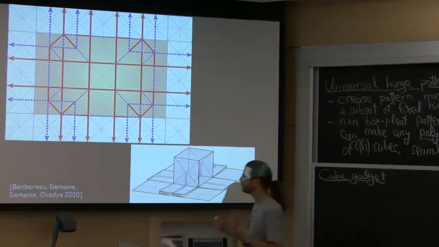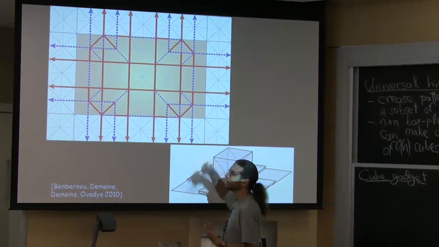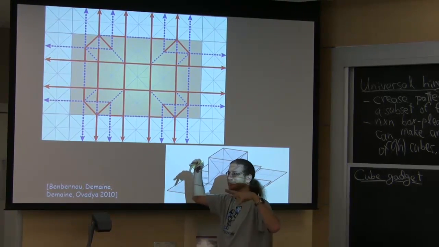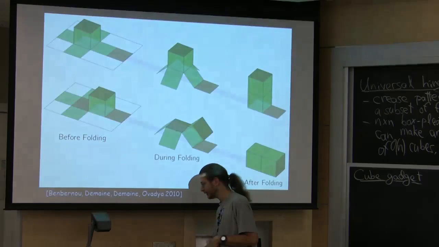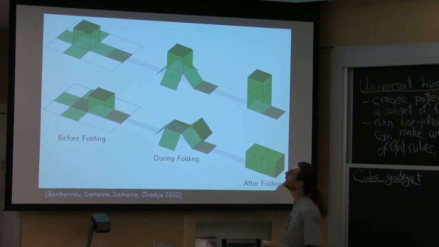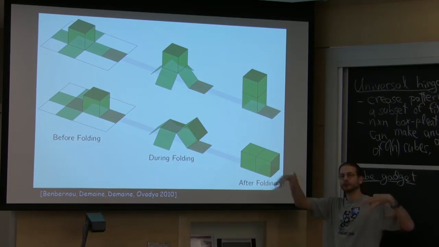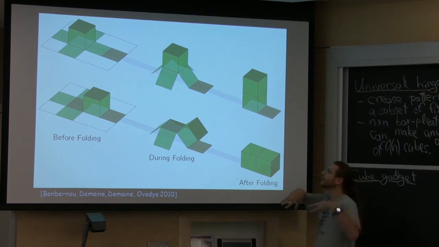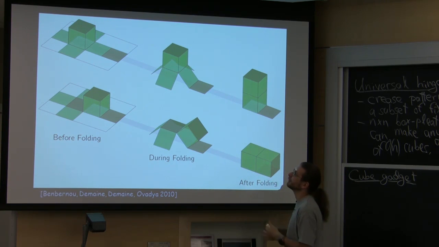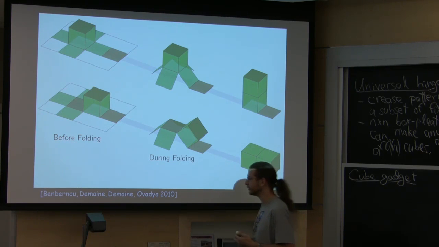And the idea is to just keep using this gadget and make your sheet bumpier and bumpier with more and more cubes sticking out. So there I had cubes that were separated from each other. If you want to have cubes that are attached to each other, you can do that too.